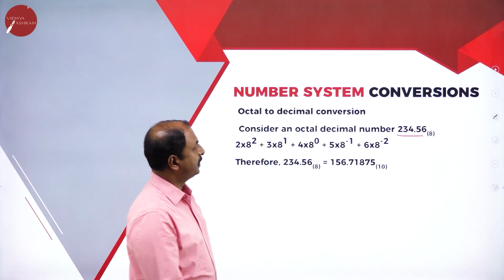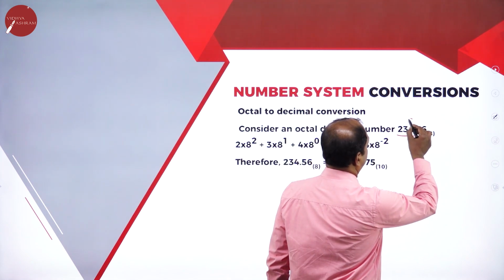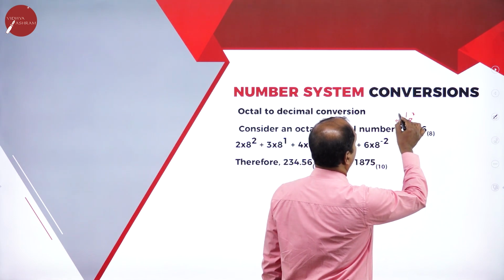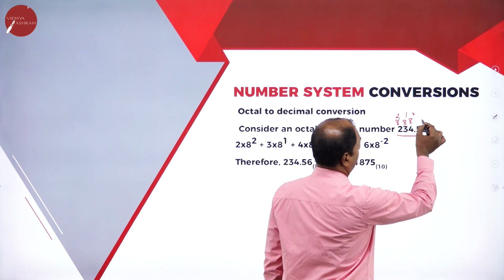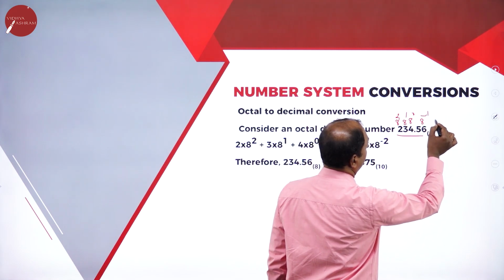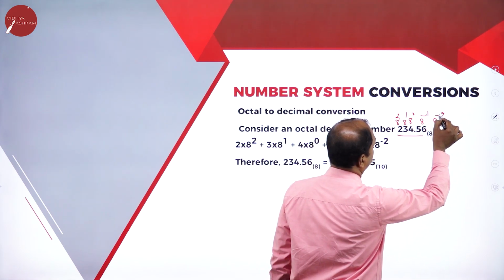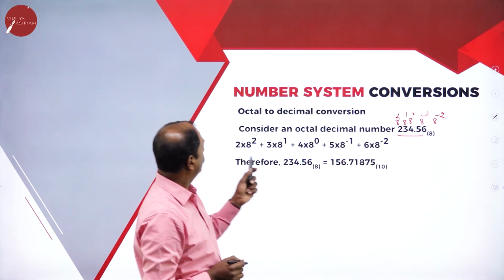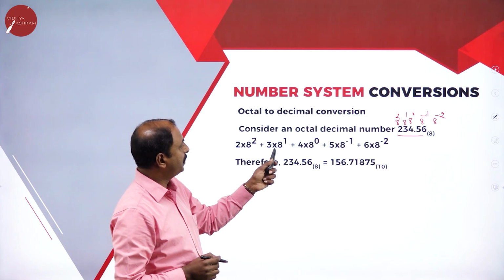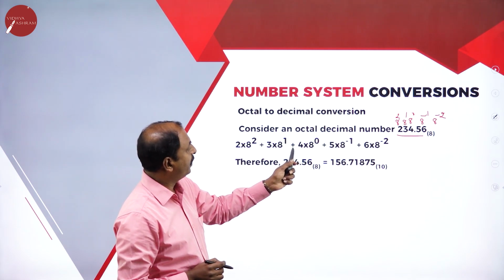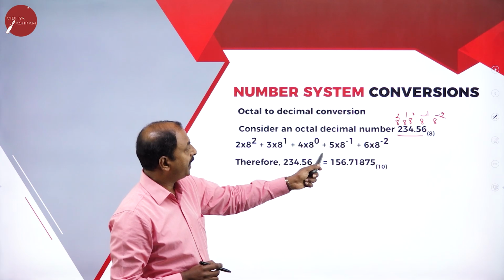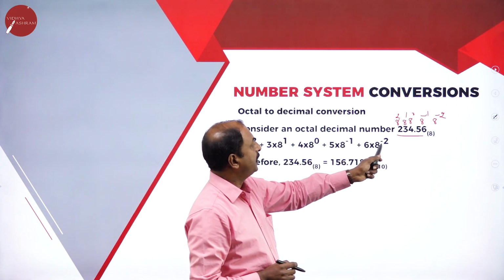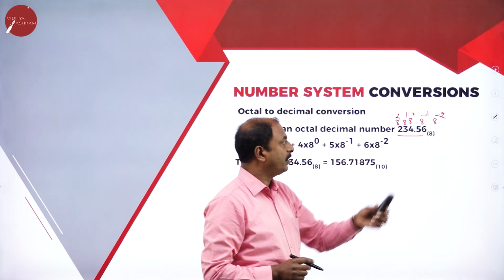As usual, the positions are 8 to the power of 0, 8 to the power of 1 and 8 to the power of 2, and 8 to the power of minus 1 and 8 to the power of minus 2. Accordingly, the first digit is 2: 2 into 8 squared plus 3 into 8 to the power of 1 plus 4 into 8 to the power of 0, plus 5 into 8 to the power of minus 1 plus 6 into 8 to the power of minus 2.